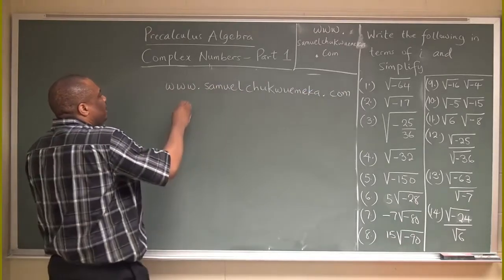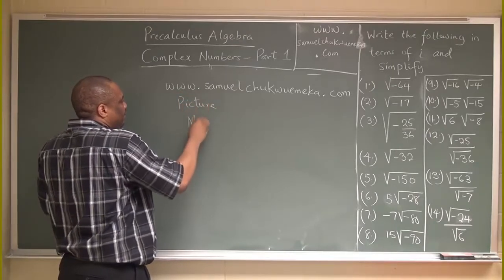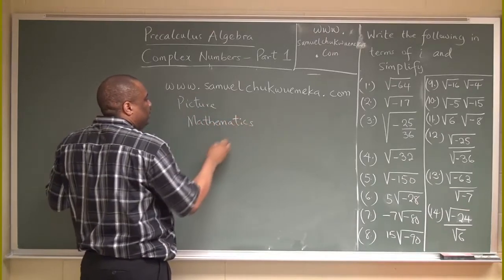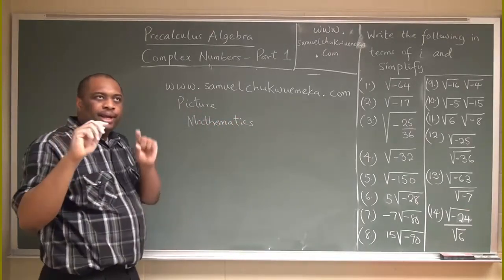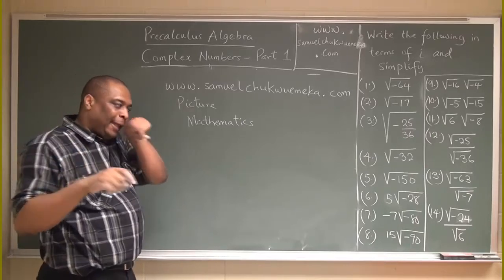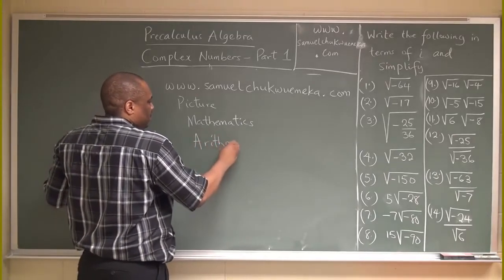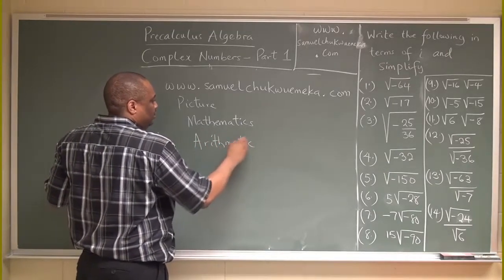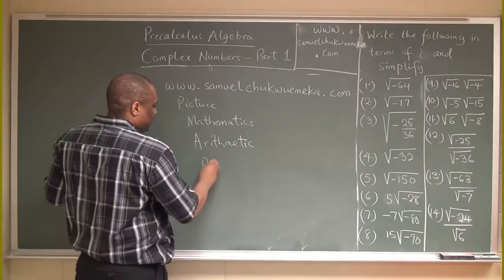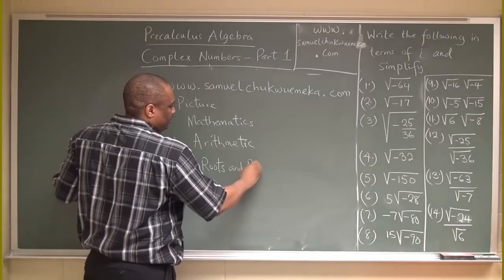Then I think the radicals I did is in arithmetic. You click on arithmetic, and then you click on roots. You look at roots and radicals.